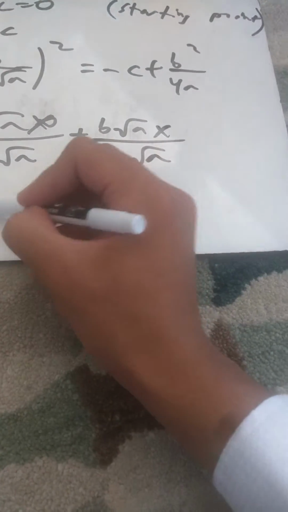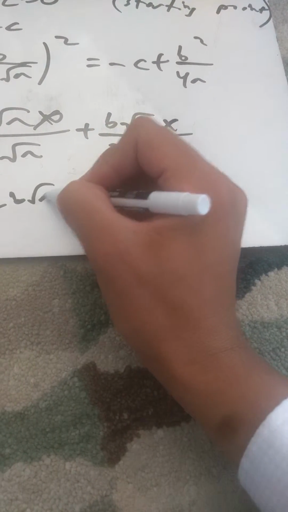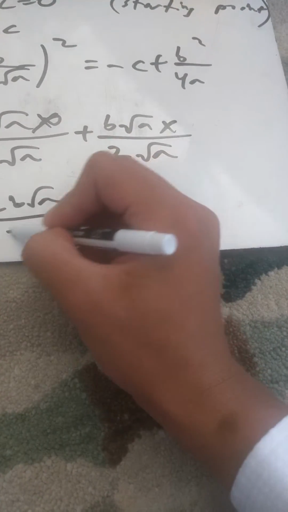So 2b root a x over 2 root a right here. And also we have plus b squared over 2 times root a squared, which is 4a. Plus b squared over 4a.